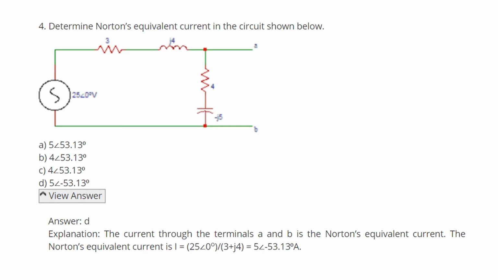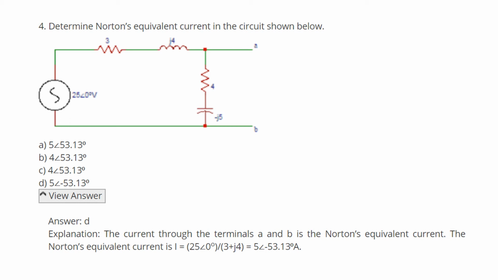Next question on Norton's again. Determine Norton's equivalent current in the circuit shown below. This is the circuit. We have to find out Norton's equivalent current. Options are A, 5 angle 53.13 degree; B, 4 angle 53.13 degree; C, 4 angle 53.13 degree; D, 5 angle minus 53.13 degree.